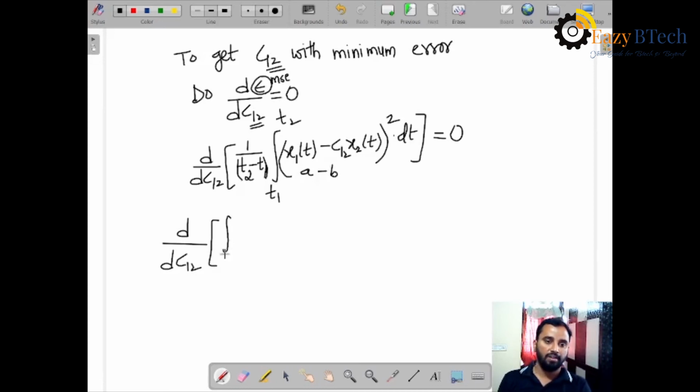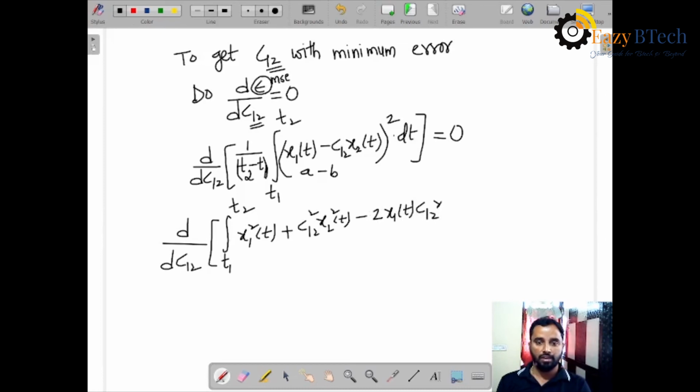Integral t1 to t2 of a square, that is x1 square, plus b square, that is c12 square x2 square of t, minus 2ab, so 2 x1 of t into c12 x2 of t, just the expansion of a minus b whole square, dt.